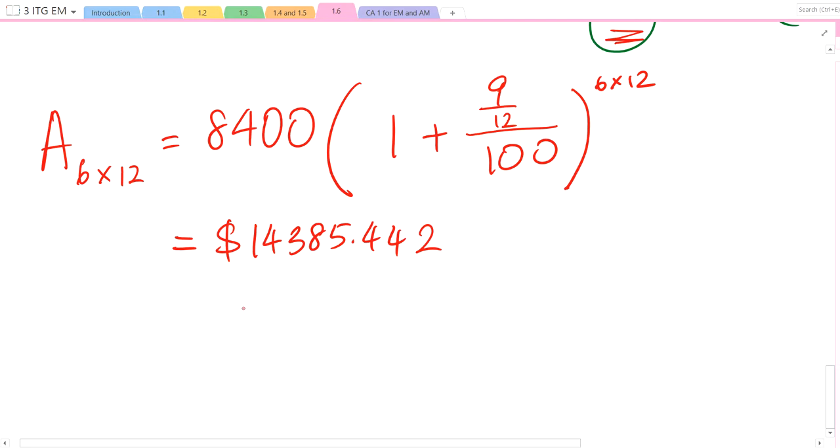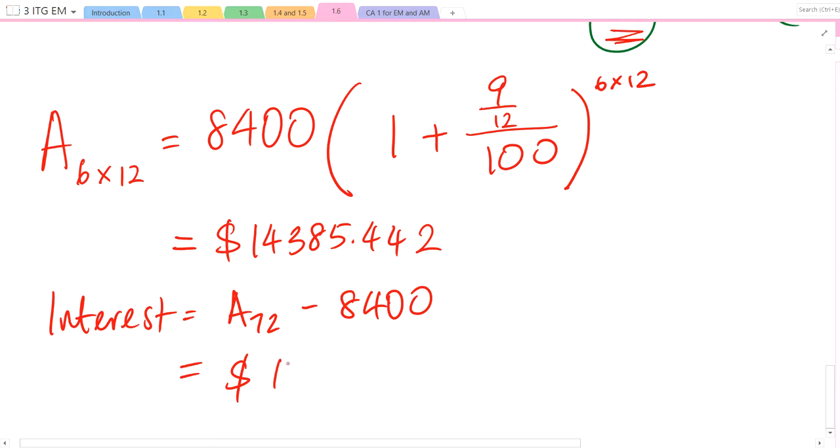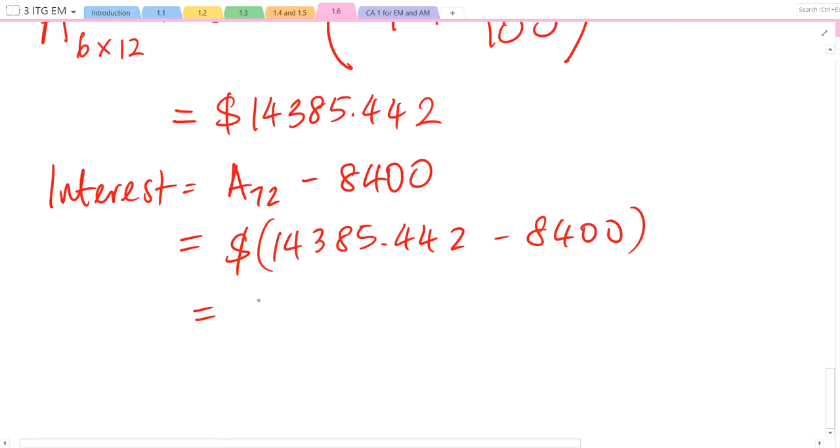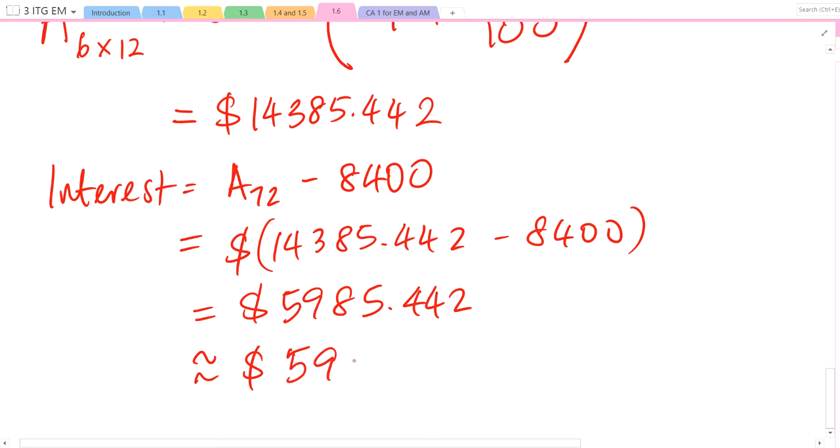Or you can choose to round it off at the final step. So interest equals A_72 minus 8,400, which is 14385.442 minus 8400, to get a value of 5985.442, yes? 5985.44. So this is our interest.